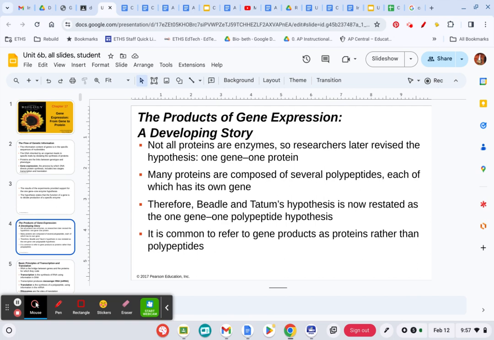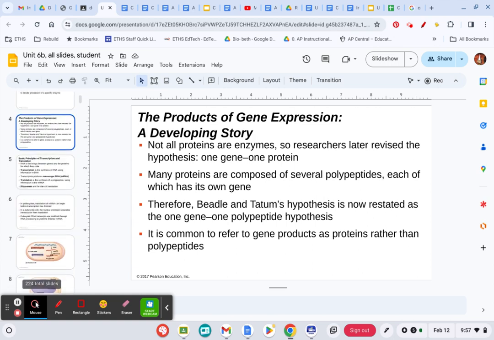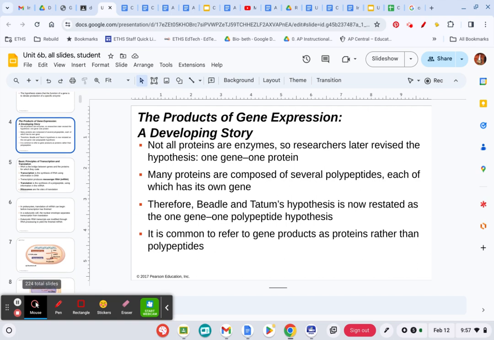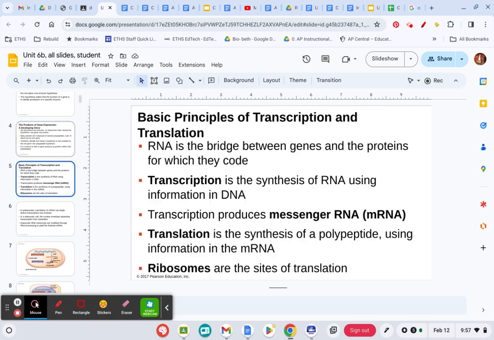So one chain and another chain will have their own DNA that will then combine to produce a multi-peptide protein. I'm going to skip through some of this because it's not really that relevant to us.